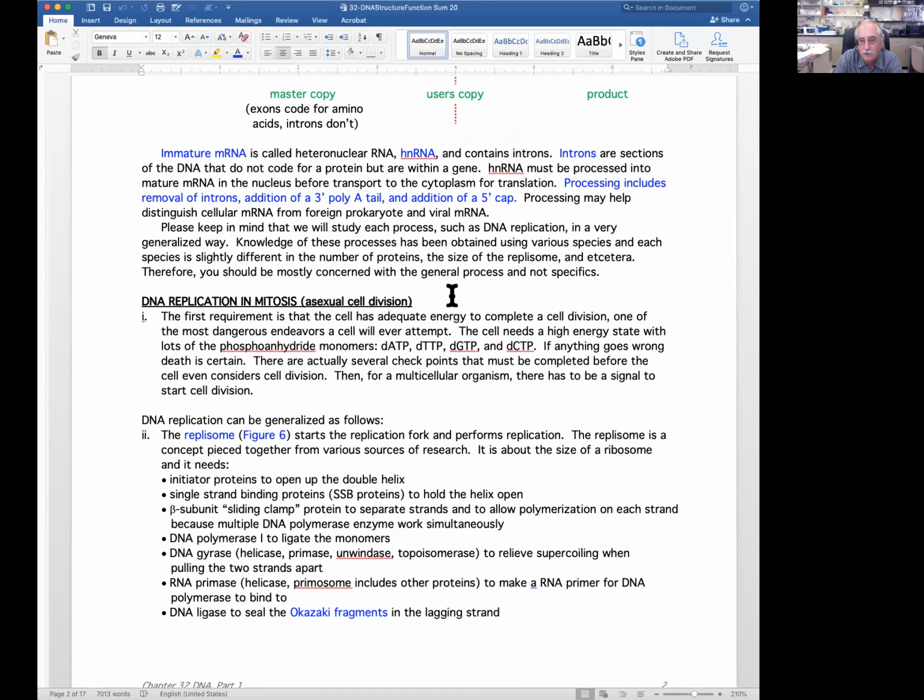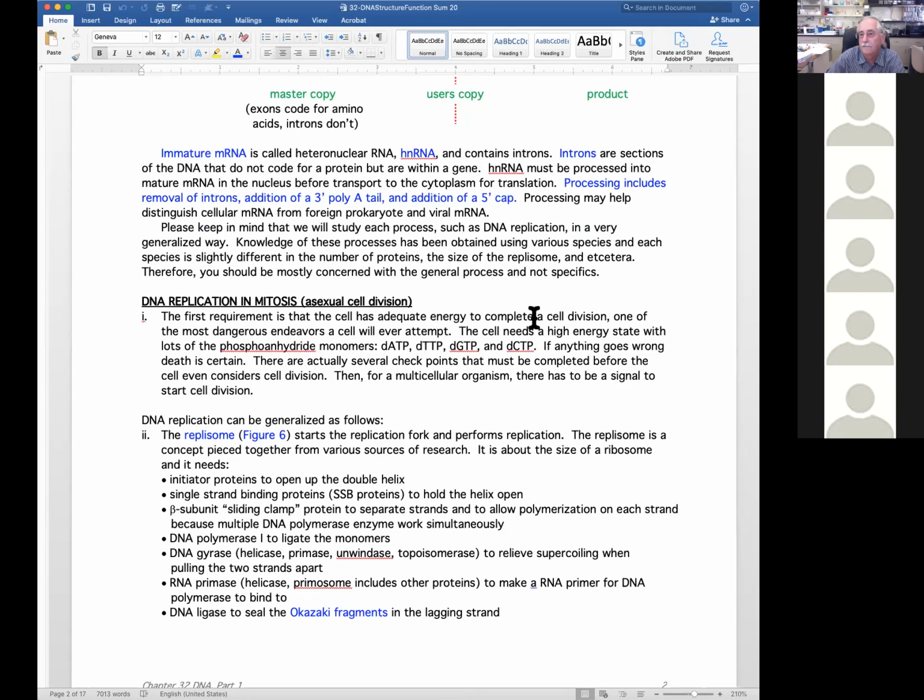So the number of proteins involved, the size of things, all this is a generalization based upon specifics coming out of different organisms. So when it comes to questions I'll be asking you on an exam, I'm not going to ask you how many proteins are involved or something like that, because those really are species dependent.